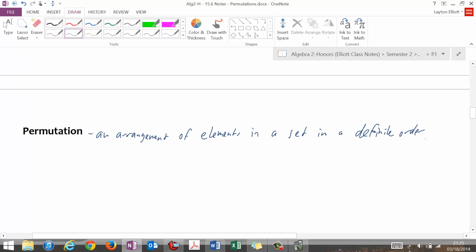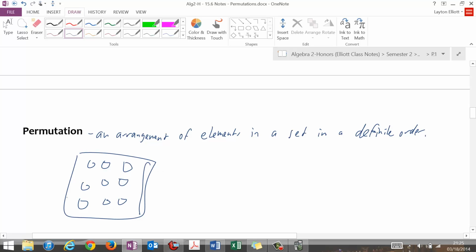To an extent, when you walk into the classroom, every possible way that each of you could sit in the class, every possible way you could have a seating chart, is in a sense a permutation. Maybe you're sitting by the window, maybe you're sitting by the door, maybe you're sitting by the door and everyone else has changed around. All the different ways that can happen is a permutation. And in probability, it's important to understand how all the different possibilities can affect the likelihood that something will happen.